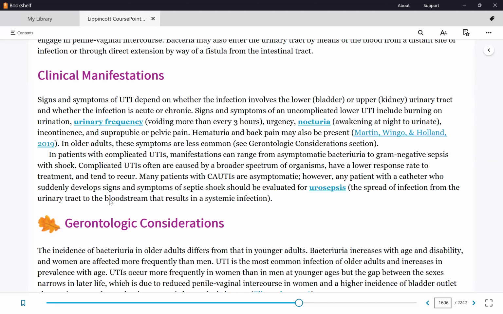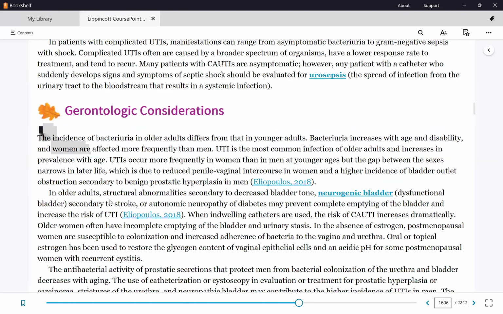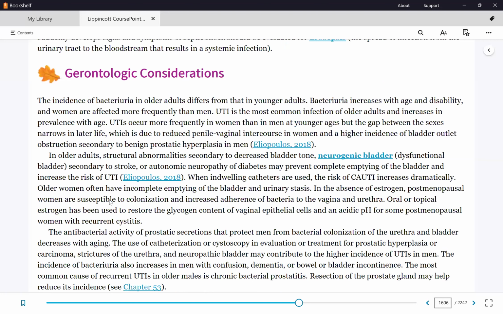So this means that the infection went beyond the local urinary tract. It now entered the bloodstream. So that's the complication. Complicated UTIs. But there are other examples in the next paragraph.